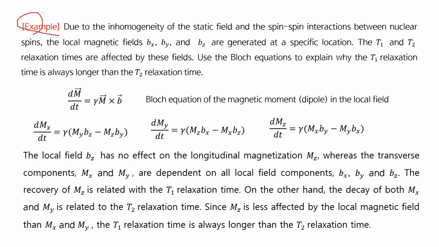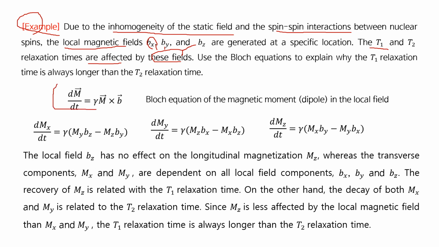Next example. Due to the inhomogeneity of the static field and spin-spin interaction between nuclear spins, the local magnetic fields Vx, Vy, and Vz are generated at the specific location. The T1 and T2 relaxation times are affected by these fields. Use the Bloch equation to explain why the T1 relaxation time is always longer than the T2 relaxation time.